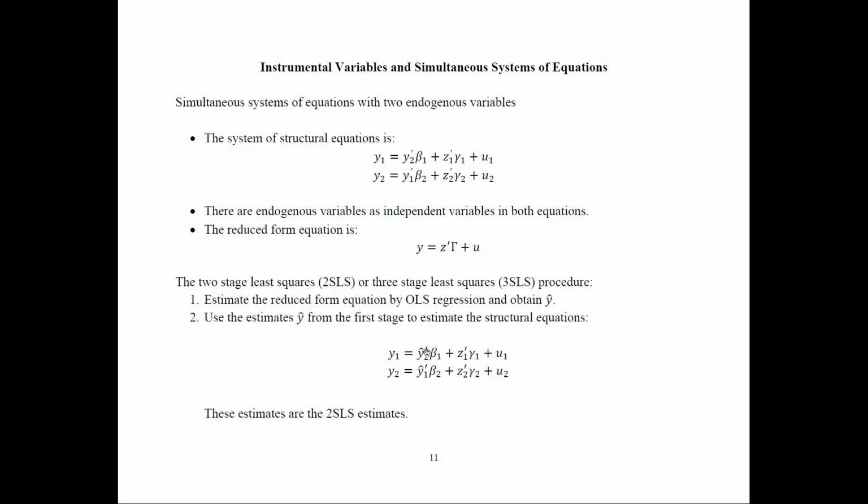So this is exactly the two-stage least squares estimate. And if you go back a few slides, you will see that it is exactly the same procedure as for the single equation case. If the variable is endogenous, you regress it on instruments, you get the predicted values, plug them in here, and that's the two-stage least squares estimate.